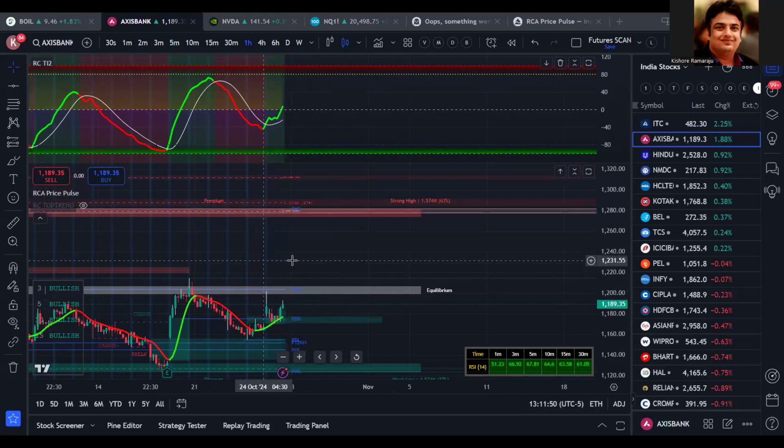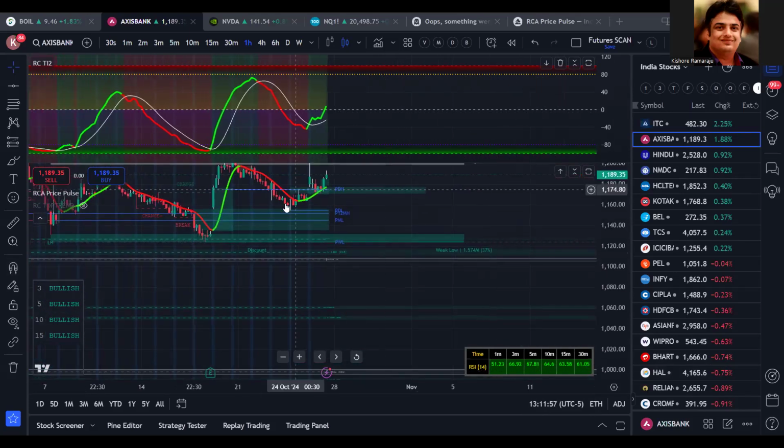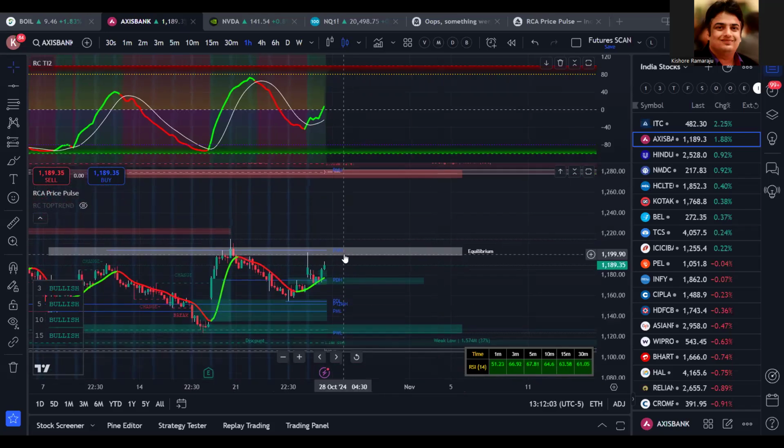It can go to 1280 because there are no major resistance or sell orders. Everything is looking very, very bullish. If you see these, that means there are a lot of buyers in the market. It came to the discount and started moving up. So you can buy option calls for Axis. You can do a bull put spread for Axis Bank. You can buy the stock, whatever you want.